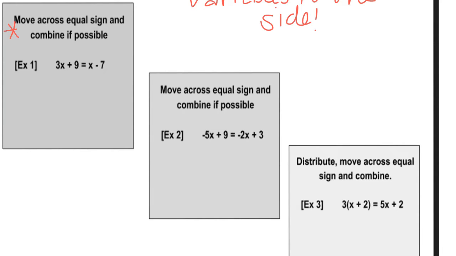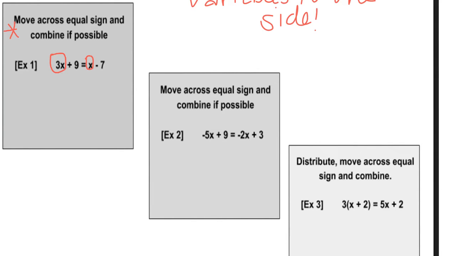So if we look here, we want to identify first what our variable is. We have a 3x here and a 1x on the right-hand side. So we need to move one of those terms to the other side. Usually you want to use the smaller number as the mover.